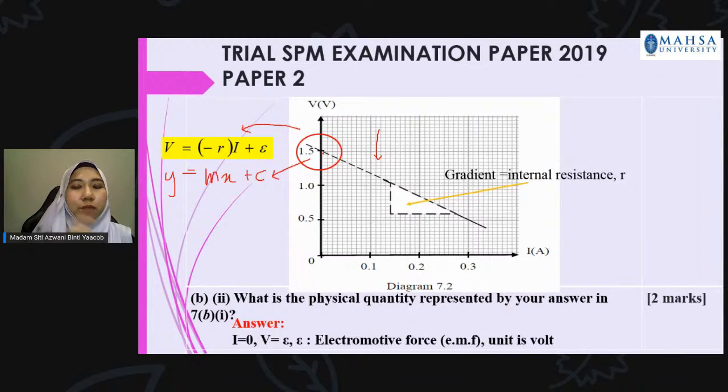So the potential difference at the terminal of your cell is equal to the electromotive force. At that time, the current is equal to 0, or your switch is open, so the reading of your voltmeter is equal to the value of your battery.